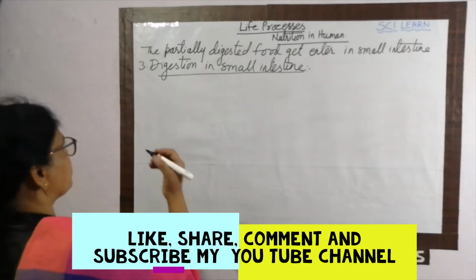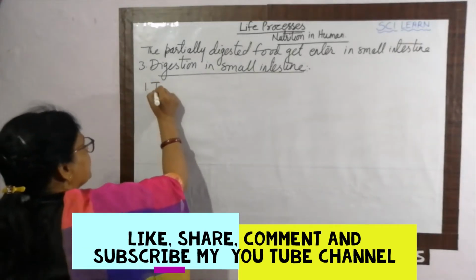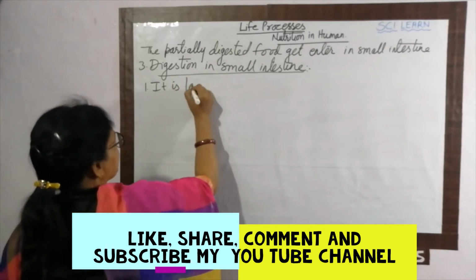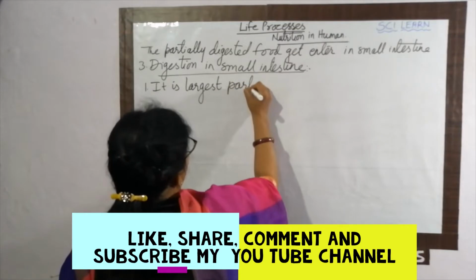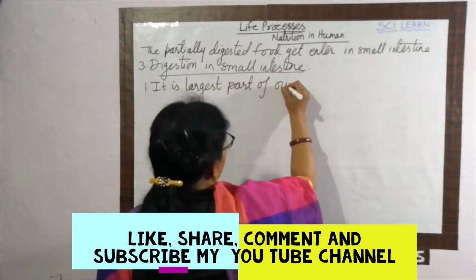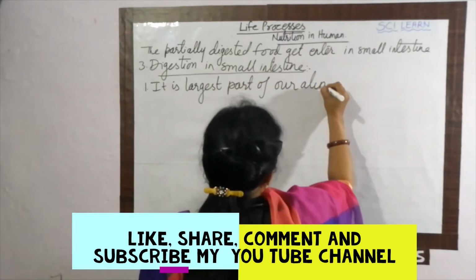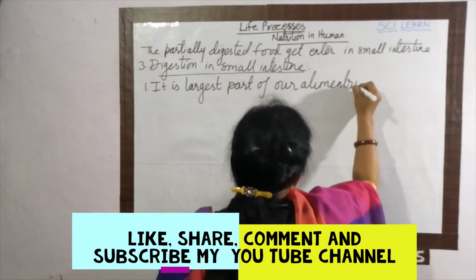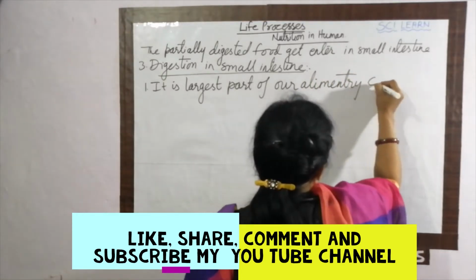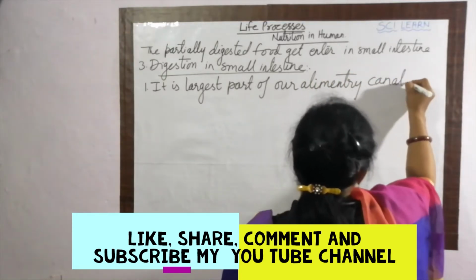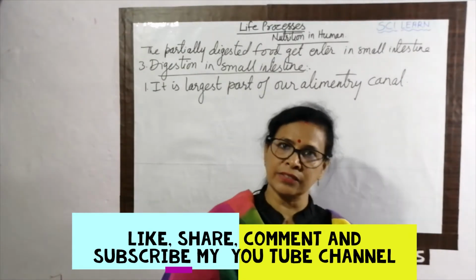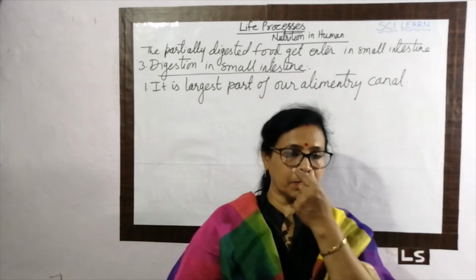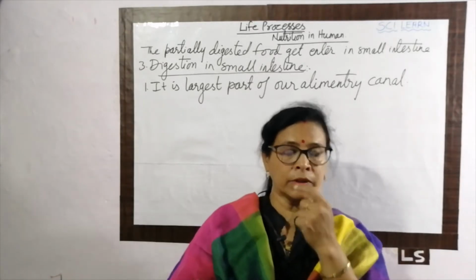So what is about the small intestine? It is the largest part of our alimentary canal. And one more important thing, the length of small intestine varies in different types of animals.